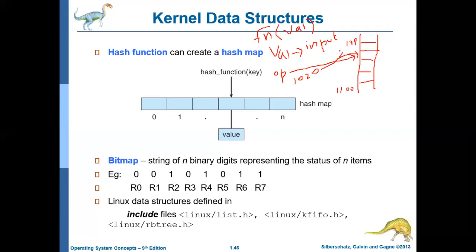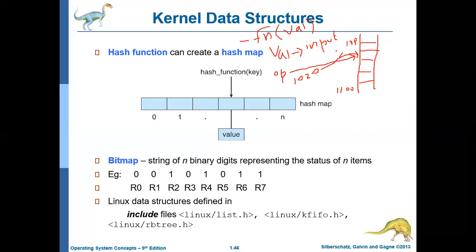So why does the operating system use a hash function? The operating system need not check location by location. Rather, it can just call the hash function by passing a value, and whatever output comes, it will directly go to that location and execute that instruction. So this is the core purpose of a hash function.